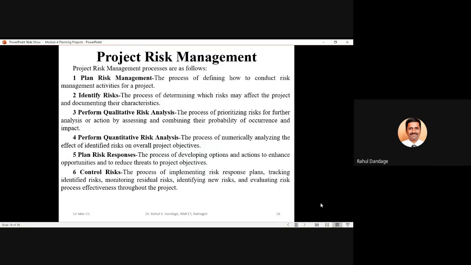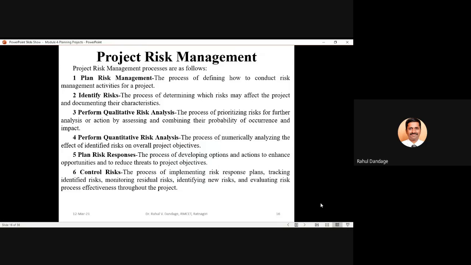We should go for risk analysis in two different methods: processes 3 and 4 are two different types of risk analysis, qualitative and quantitative. In qualitative risk analysis, we prioritize the risks for further analysis by assessing and combining their probability of occurrence and, if they occur, their possible impact on your project.